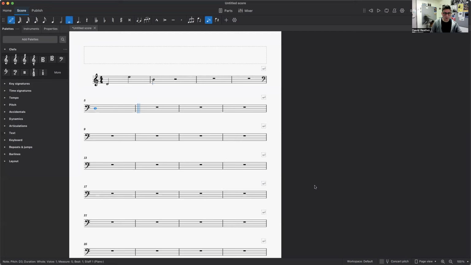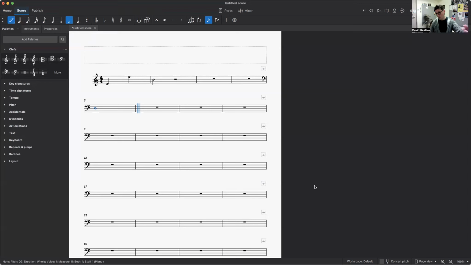So now, if I want to write that for baritone saxophone, again, there's this minor third down transposition. But here's the rub. With baritone saxophone, you're going to go down a minor third and then up 2 octaves.